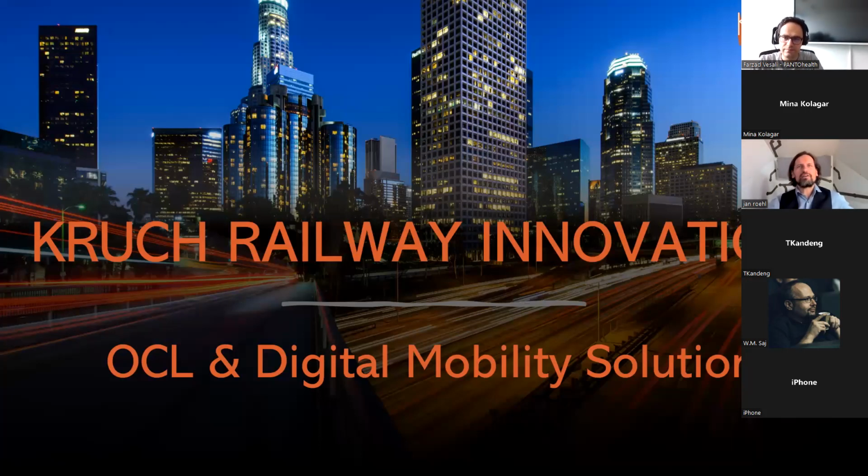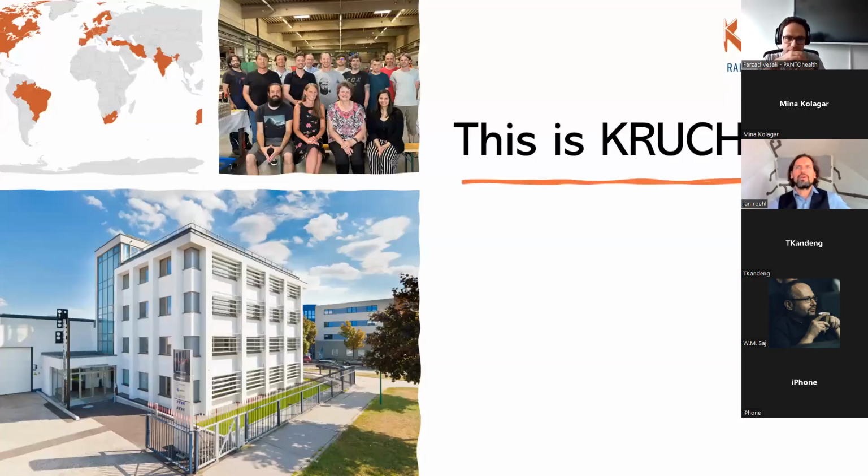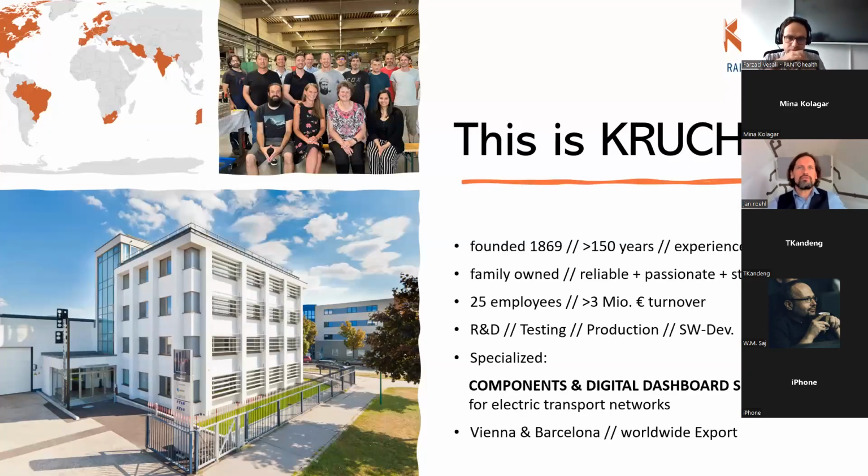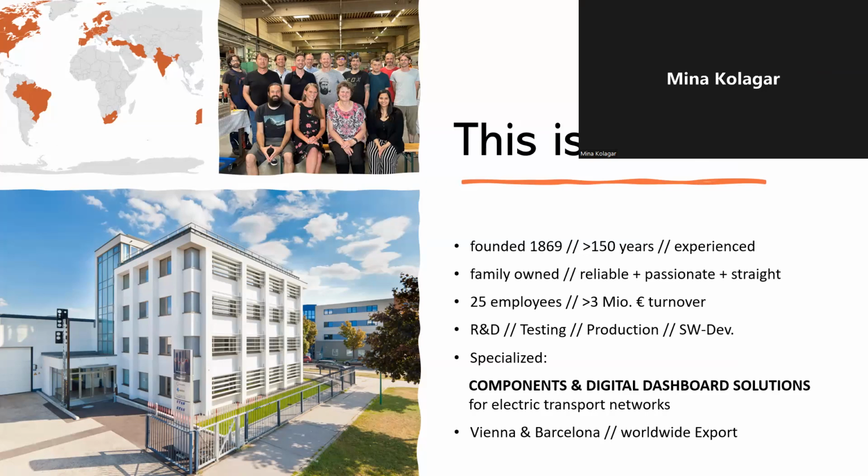So again, company KRUCH, 1869. We are 25 employees, and we are specialized in the design and production of overhead contact line components. This is what we have done for many decades, and we claim to have a very good position for hanger clamps, tensioning devices, and so on, where we develop our own products and produce them.